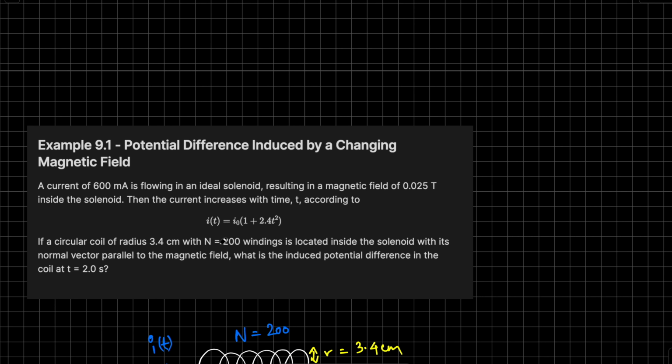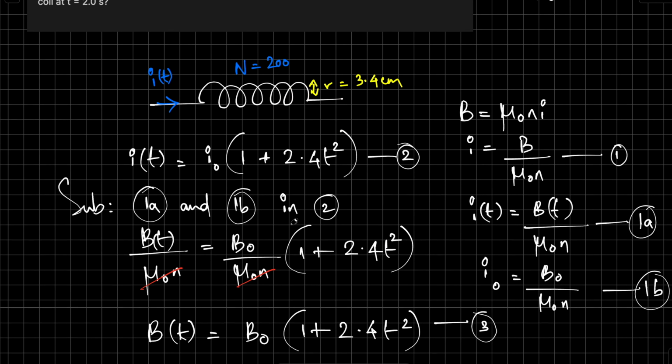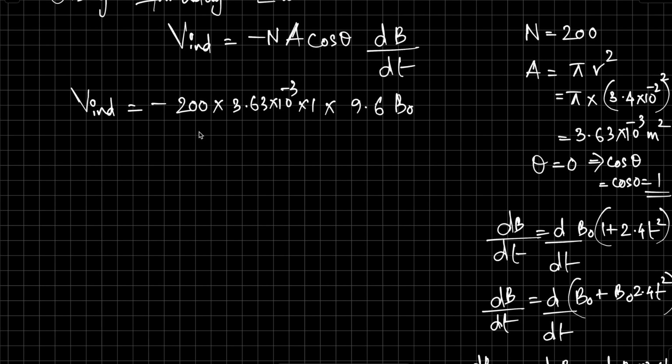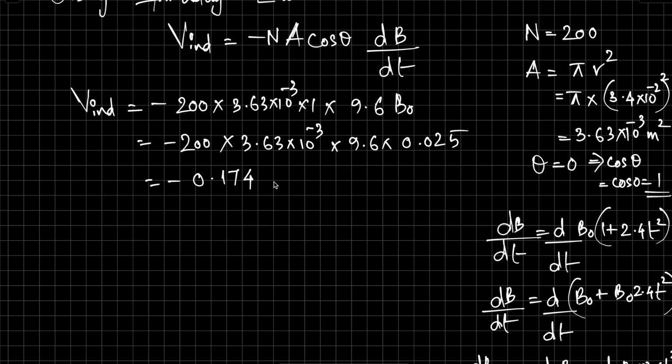B0 is given as 0.025 Tesla. So replace B0 with 0.025: minus 200 times 3.63 times 10 to the power minus 3 times 9.6 times 0.025, which gives minus 0.174 volt.